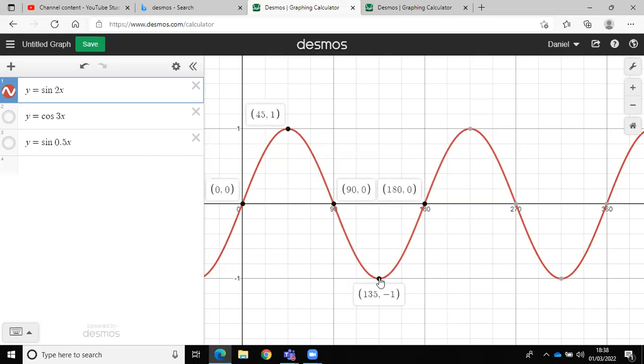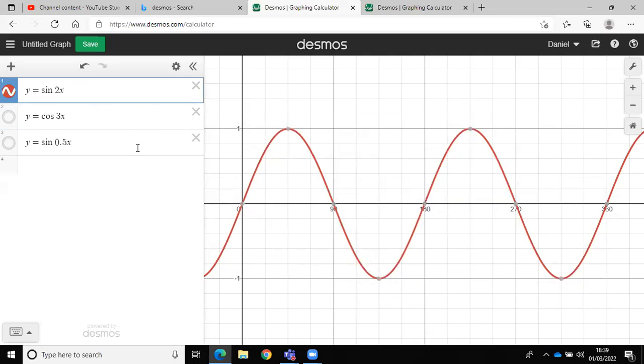Minimum, instead of being 270, 270 divided by 2 is 135. So you're getting one full wave between 0 and 180, and a second full wave between 180 and 360.